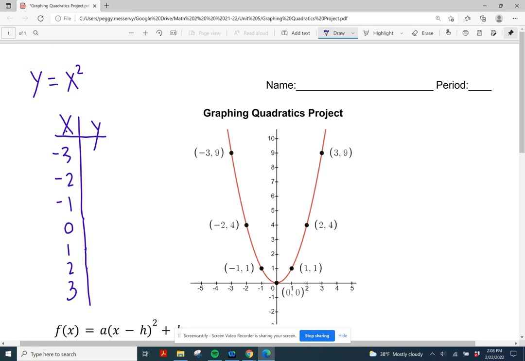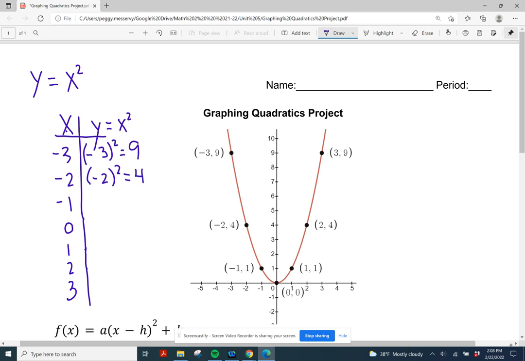Now, I have the equation y equals x squared, which is x times x, right? So for this particular x value, when x is -3, I get -3 times -3, which is positive 9. Negative times negative turns into a positive. Here, I'm going to get -2 squared, or -2 times -2, which is positive 4.